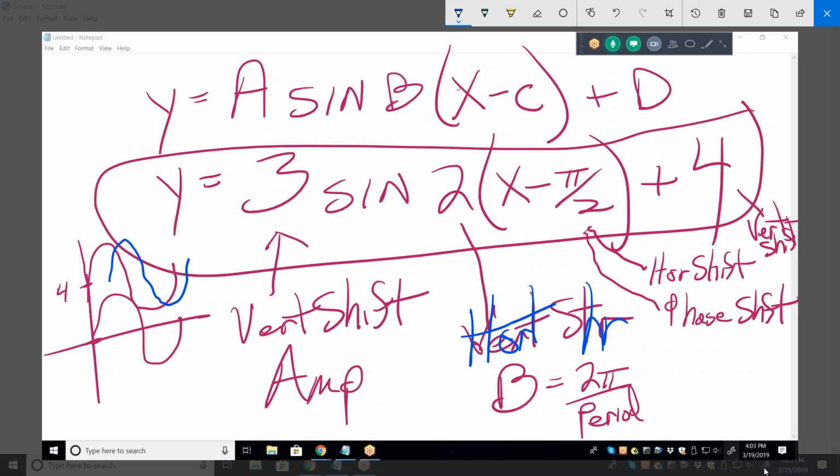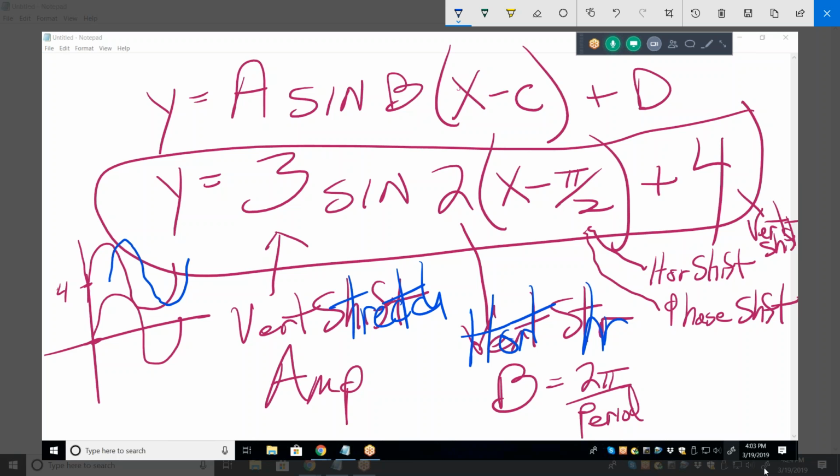I wrote this wrong. That's a vertical stretch. And this is a horizontal shrink because it's a number greater than 1. If this 2 was between 0 and 1, it would be a horizontal stretch. It's a little confusing. The vertical is opposite to the horizontal.